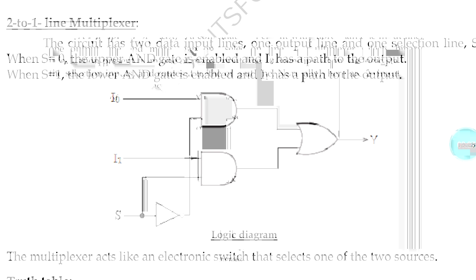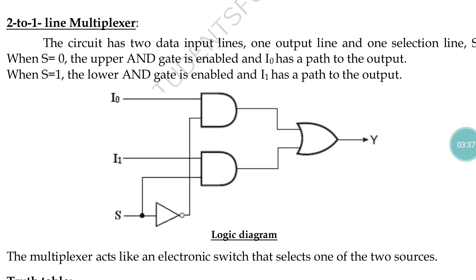Now we can see the 2 to 1 line multiplexer. Here we have two input lines and one output line. As per our concept, with 2 to the power of n inputs we must have n control signals. Here we have two input signals, so 2 to the power of n is written as 2 to the power of 1.